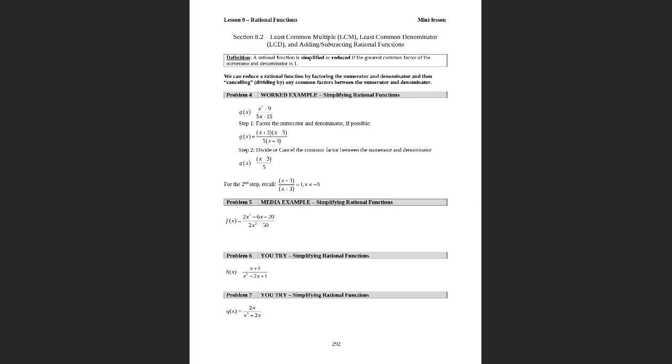Because the numerator x squared minus 9 is a difference of two squares, we know that we're going to have x plus 3, x minus 3, divided by 5x plus 15. Now, 5x plus 15, we could bring the 5 out and we have x plus 3, right? We did that previously. So you can clearly see that x plus 3 would cancel x plus 3. So in the end, we're going to have this.